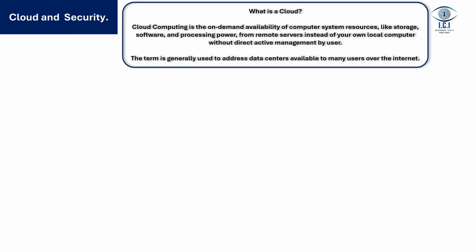So the term is generally used to address data center available for many users over the internet. So that resource I'm talking about, so we're talking about the software, processing power, the storage, is all put into one location called data center. Now that data center is a location, but it can be scattered all over the world. So we might have up to 1,000 data centers, 700 data center, 500, 800 data center into various regions.